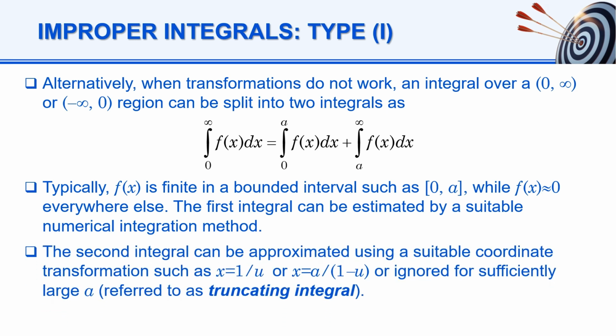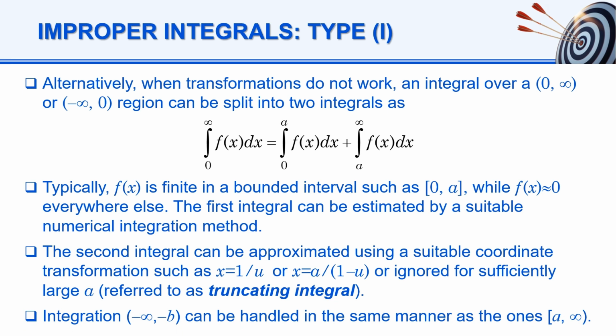The second integral can be approximated using a suitable coordinate transformation, such as x equals 1 over u or x equals a over 1 minus u, or ignored for sufficiently large a, which is referred to as truncating the integral. Integration from minus infinity to minus b can be handled in the same manner as the ones from a to infinity.